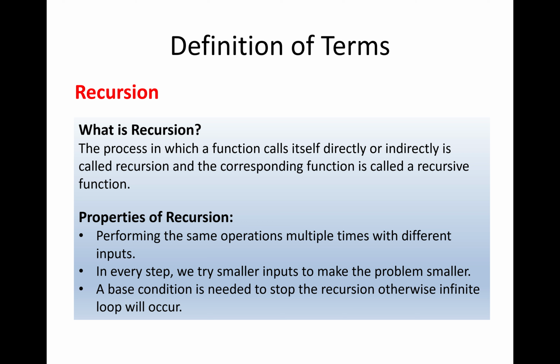Performing the same operation multiple times with different inputs. 2. In every step, we try a smaller input to make the problem smaller. 3. A base condition is needed to stop the recursion, otherwise an infinite loop will occur.